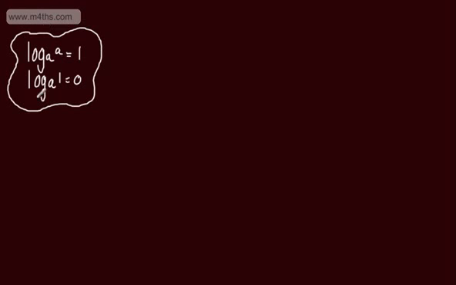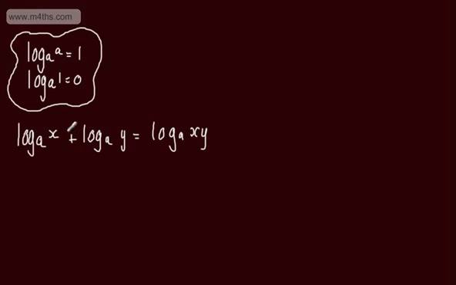The first one is log to the base a of x plus log to the base a of y is equal to log to the base a of xy. So if we're adding logs when the base is the same, so in this particular case the base is a, if we're adding logs we end up now with a product.